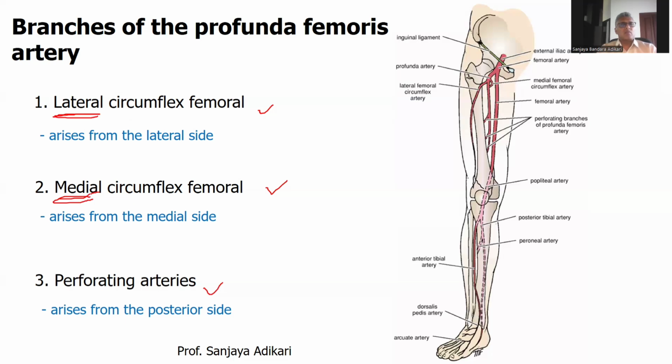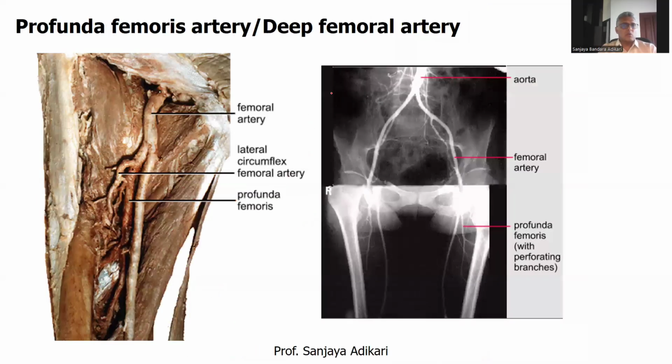One that takes origin from the medial side is called medial circumflex femoral artery. And these arteries, especially the medial circumflex femoral, are important for the blood supply of the head of the femur. We'll talk about it later.